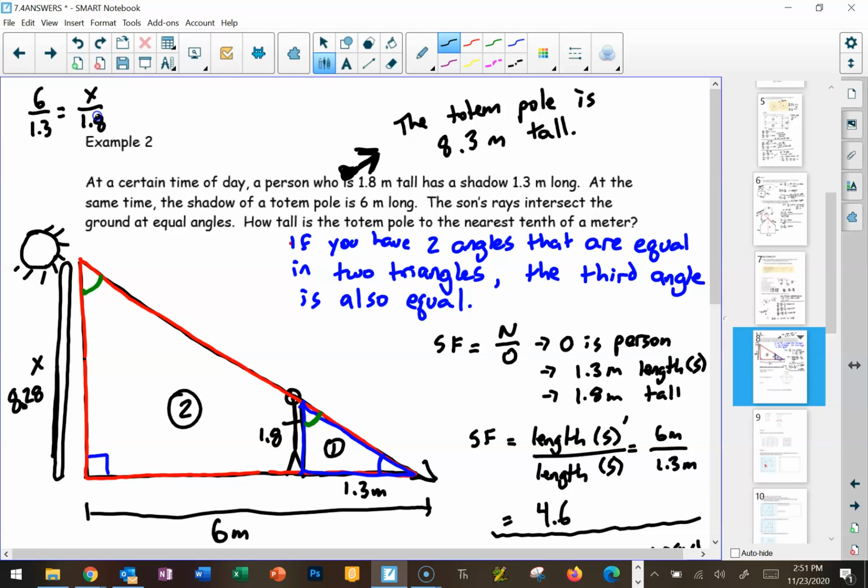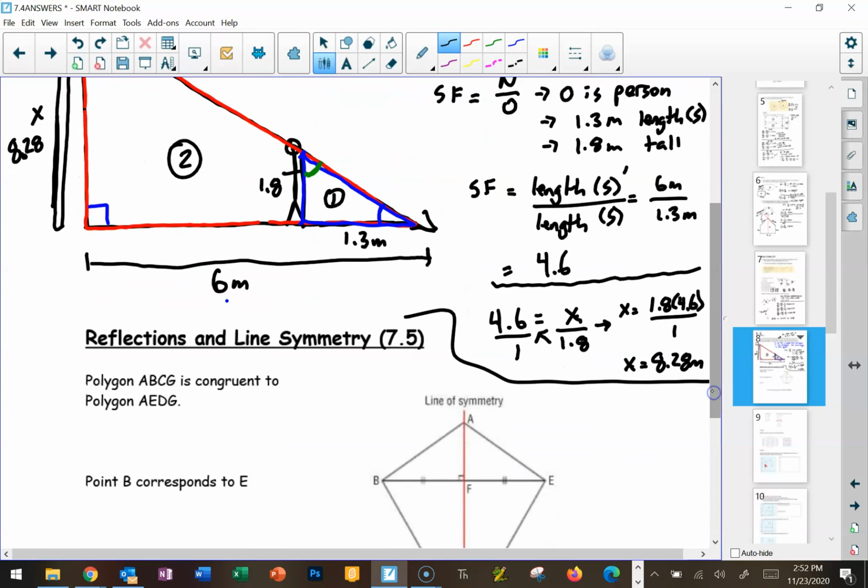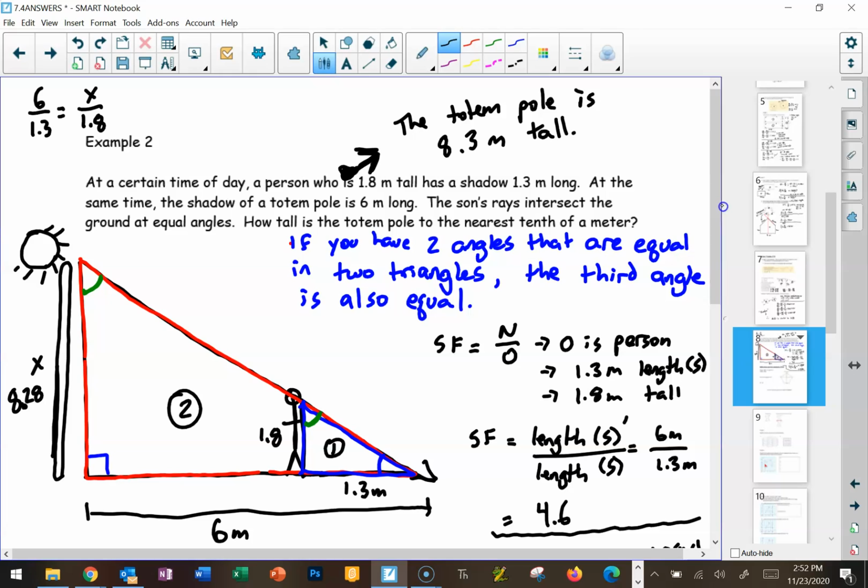So we could have gotten the exact same result by just plugging it directly into the ratio. Remember, it's new on top, old on the bottom. So new length of shadow over old length of shadow equals new height of totem pole over old height of person. As long as you've got the new up top and the originals on the bottom, you could have solved this directly, and this is a good way to check.